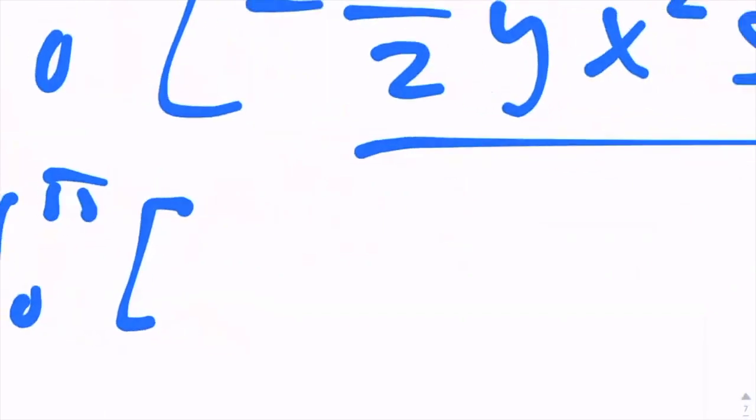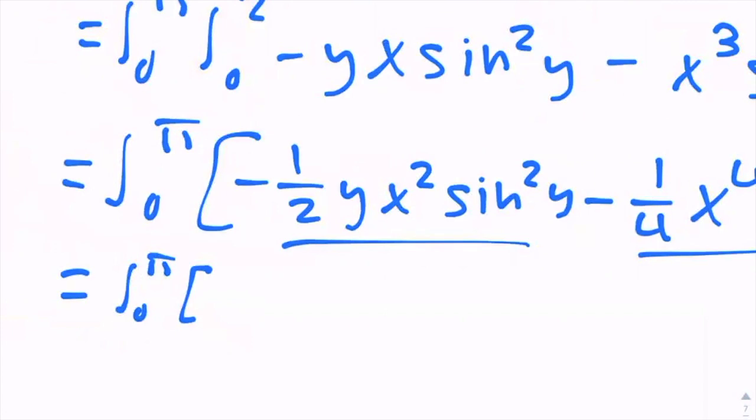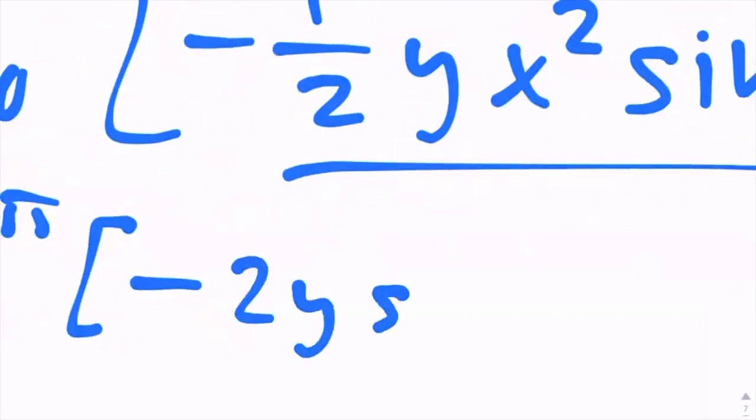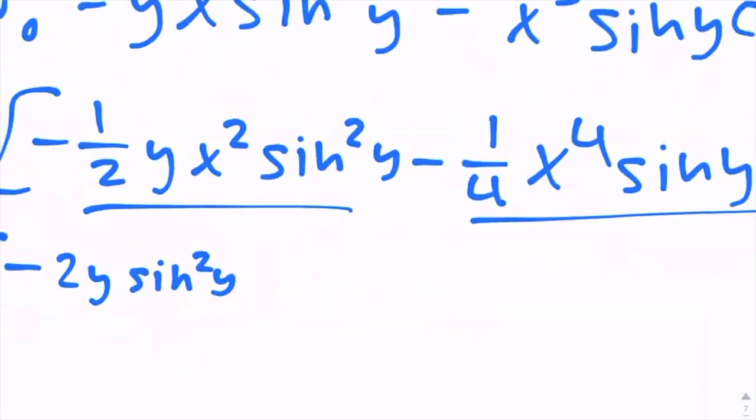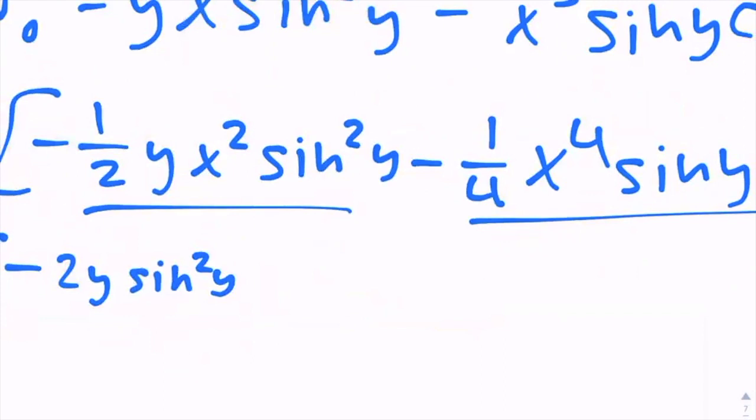So when we do that, what we get is minus 4/2, so minus 2y sine squared y. 2 cubed divided by 4, we know 2 squared is just equal to 4, so the 1/4 and 2 squared just cancel out.